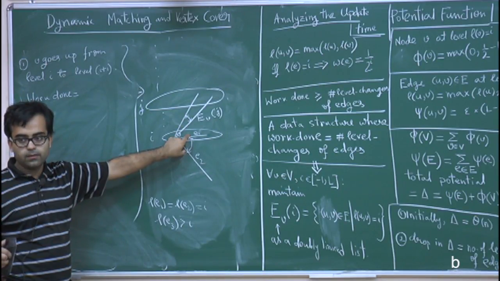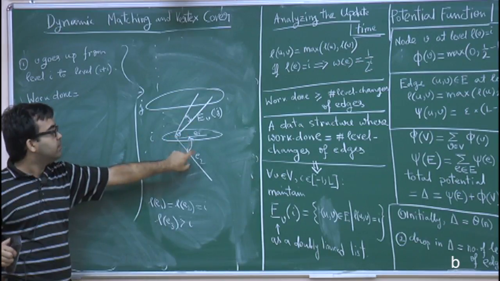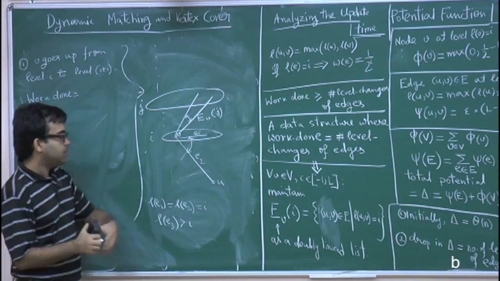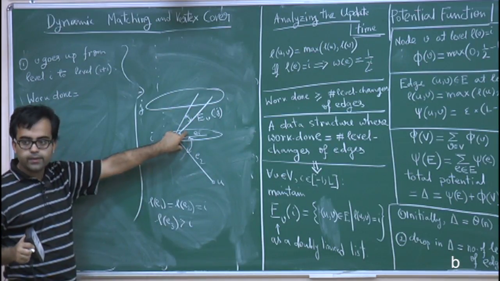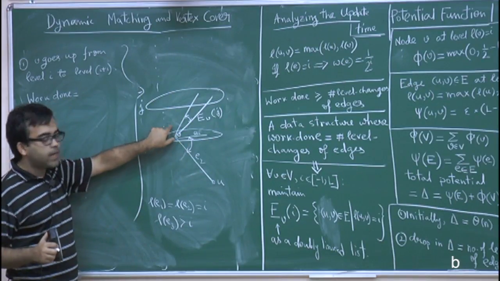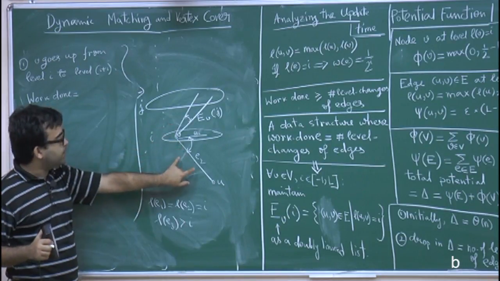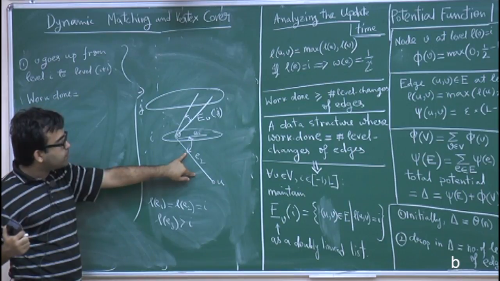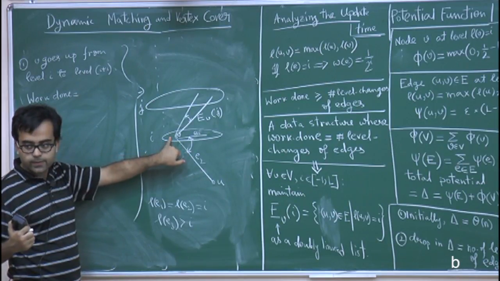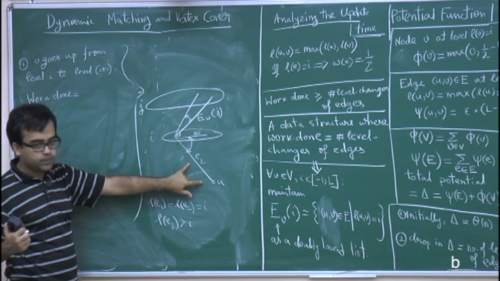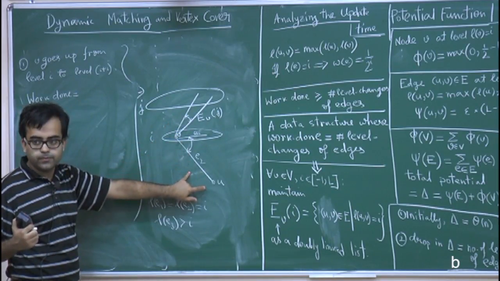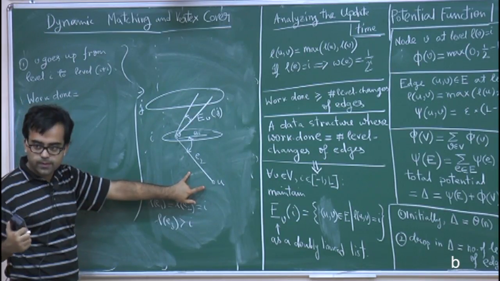Why? Because look at a neighbor which is in EV of I. So, say U is in EV of I, right. And as V goes up, what is happening? This edge V of U was earlier part of the I list of U, and now it will become part of the I plus 1th list of U. Is this clear?